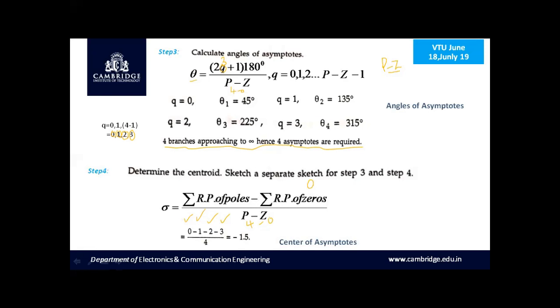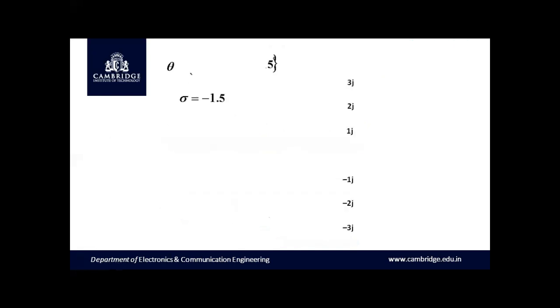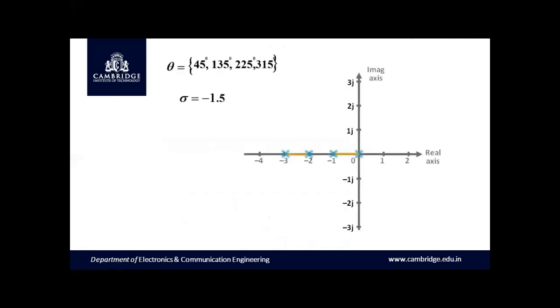Once we have obtained step 3 and step 4, we have to plot a separate graph with the centroid at minus 1.5 as center, and draw the asymptotes. First, let me mark the centroid sigma exactly at minus 1.5.